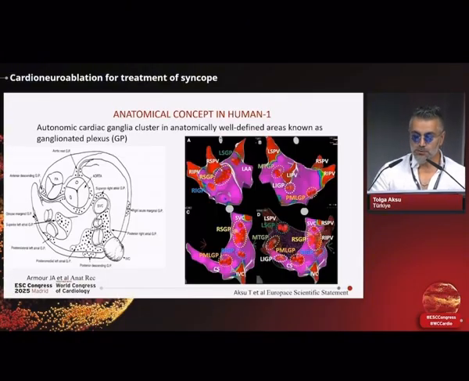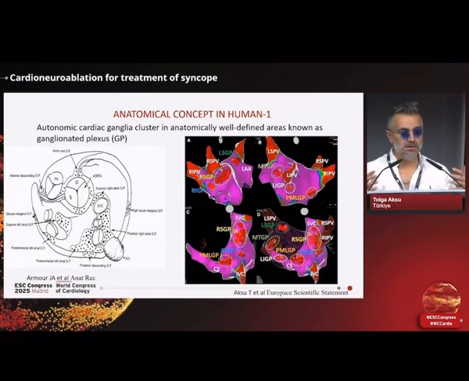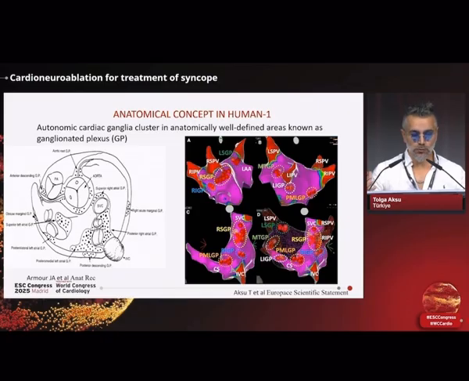Based on this experimental strategy, and if we look at the real anatomical specimen in humans, we know that at least 5 major and 2 minor GP areas contain almost all autonomic ganglia sites. You can see the localization of these GPs in both anatomical schematization and the 3D mapping system.